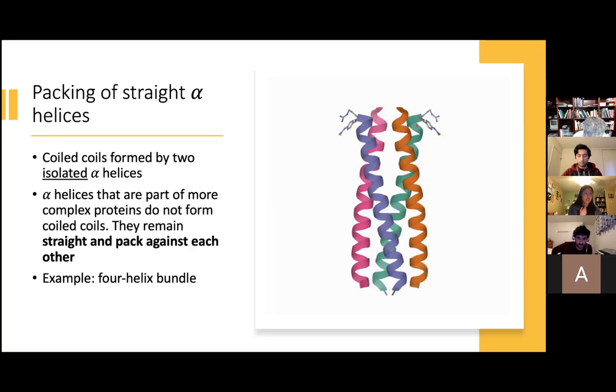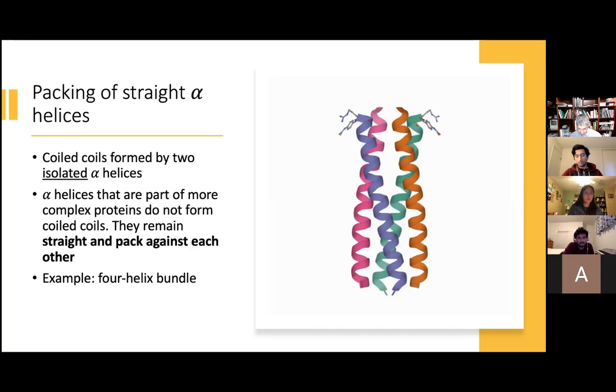When there are just two alpha helices that are isolated, this is done through coiled coils, where they're wound around each other. But when there are more than two alpha helices, or they're part of more complex proteins, they would rather pack against each other and remain straight and rod-like.